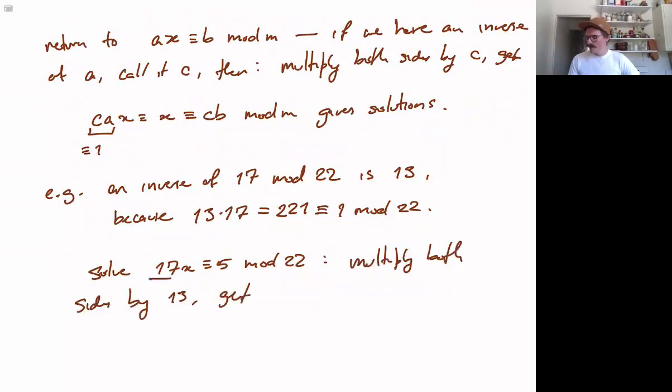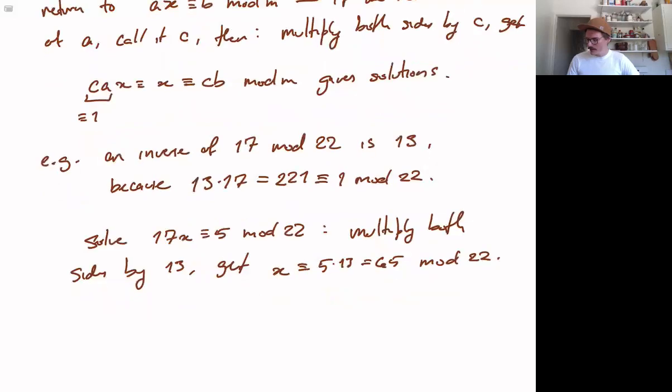And I'm going to leave it off this side because I know that the product is going to be 1. That's what we just checked up here. So we get x congruent to, what is 5 times 13? Again, it's a good thing I wrote that down. 5 times 13, which is 65. So x is congruent to 65 mod 22.